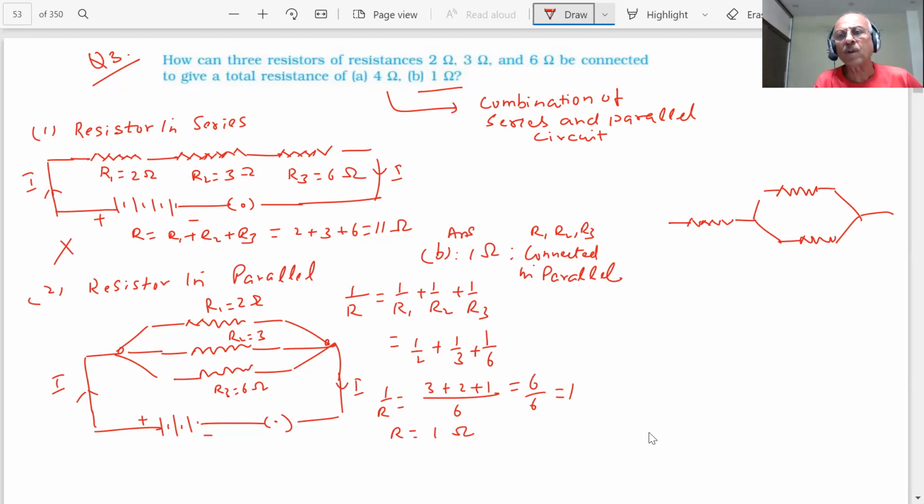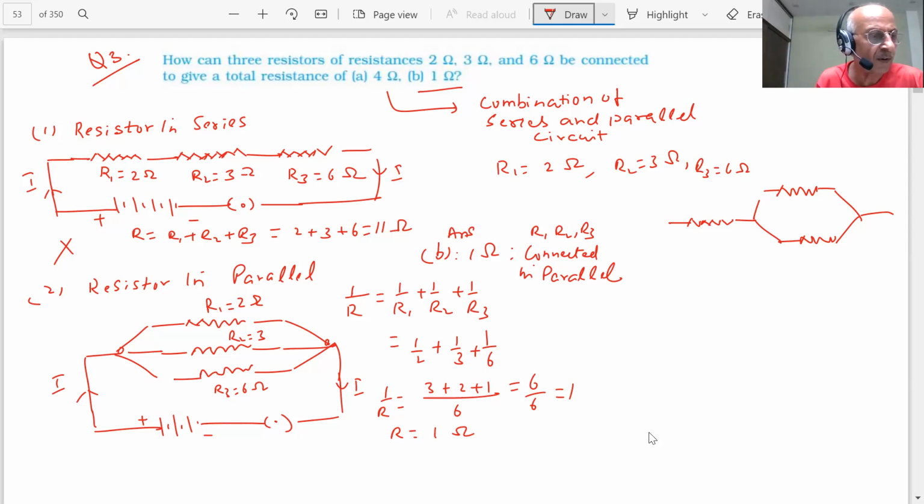You have 2 minutes to answer this question. What combination will we make? You have three choices. R1 is 2 ohms, R2 is 3 ohms, R3 is 6. How can you connect? You can keep on changing. You can take this as 6 or this as 2 and 3. You can take this as 3, this 2 and 6. You can take 2 this and 3 and 6 as this. So all you have to try, and then only we can answer the question. Tell me how we are connecting.